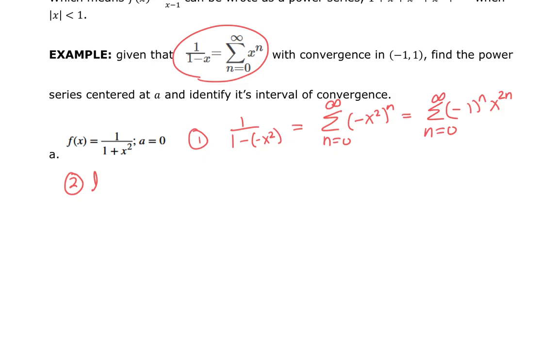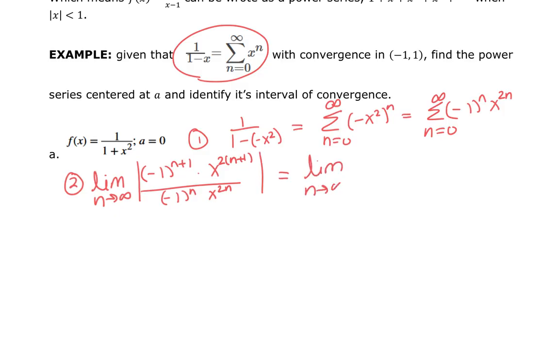My second step is to do the limit as n goes to infinity of the absolute value of negative 1 raised to the n plus 1, x to the 2n plus 2, over negative 1 raised to the n, x raised to the 2n. This is the limit as n goes to infinity of negative 1 to the n, negative 1 to the 1, x to the 2n, x to the 2, all over negative 1 to the n, x to the 2n.